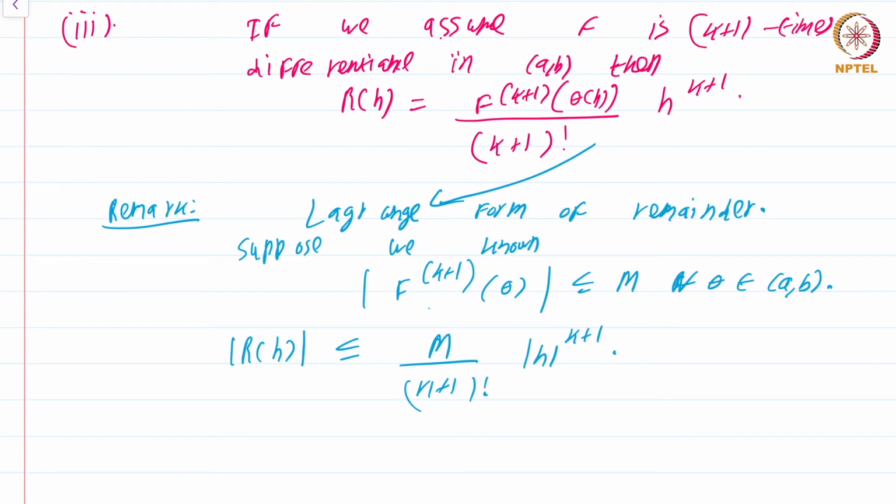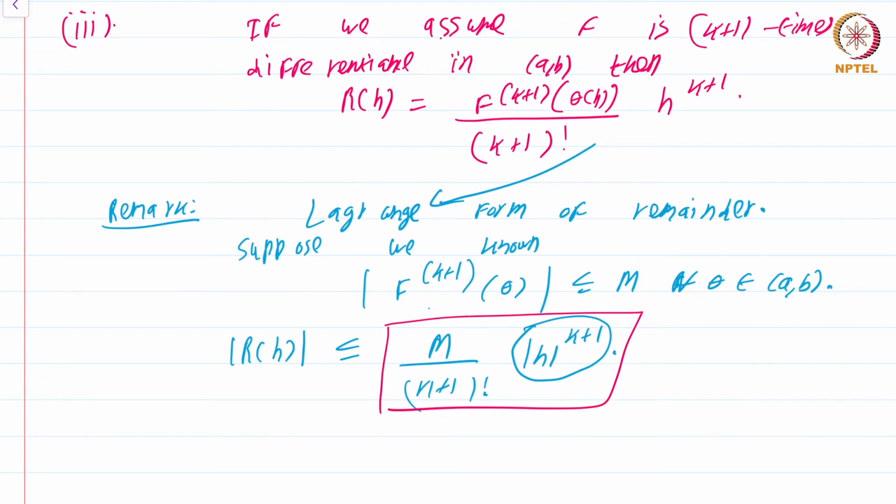Whereas in this expression, that additional dependence on h has disappeared. The dependence on h is solely coming from a function that we understand really well, mod h power k plus 1 is a very simple function. So the additional dependence on this function theta, which is in general unknown, is gone.